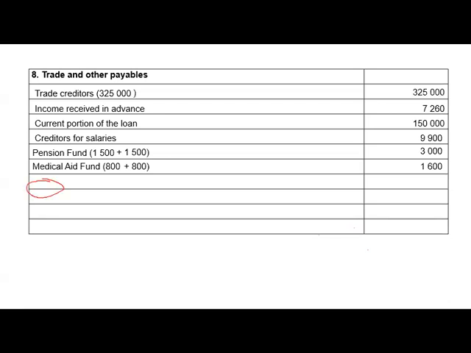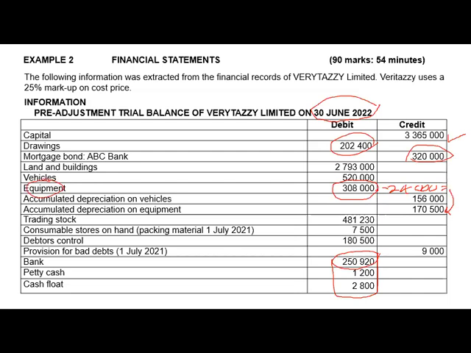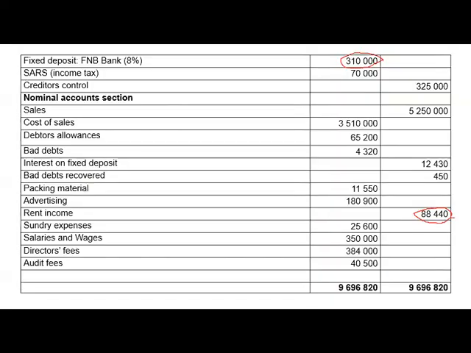And I will scrutinize my pre-adjustment trial balance for anything that I missed that I didn't record. I've recorded the mortgage, lending buildings, that is done. Trading stock is done, consumables is done, provision, debtors control is done, provision for bad debts is done, and all of those are also recorded. And I've got SARS income tax.